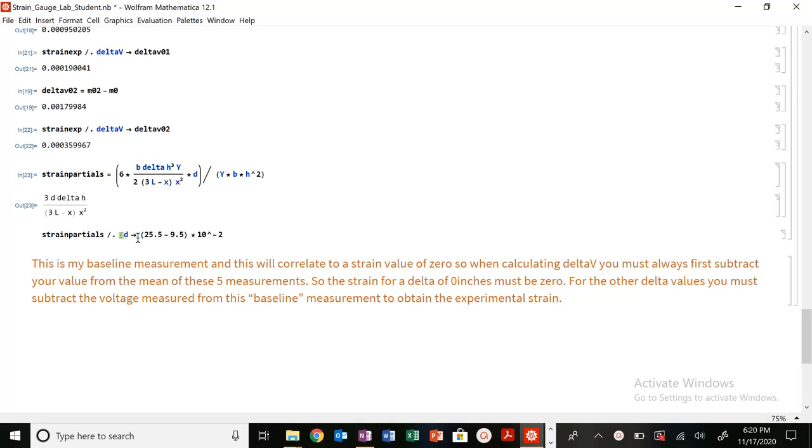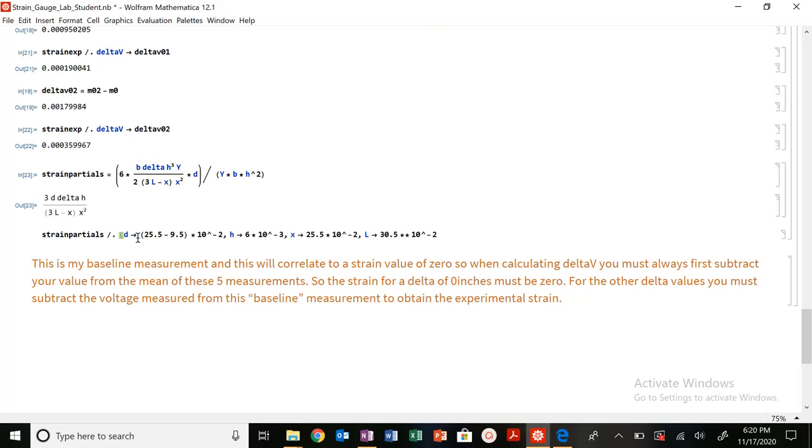That's going to get us into meters. We know that H is going to be equal to 6 times 10 to the minus 3. We also know that our X is going to be 25.5 times 10 to the minus 2. We also know that our L is going to be 30.5 minus 3.5 times 10 to the minus 2.